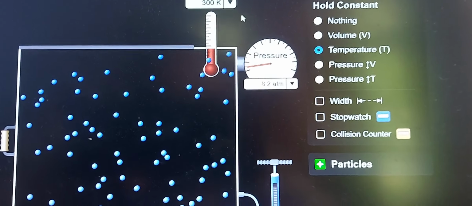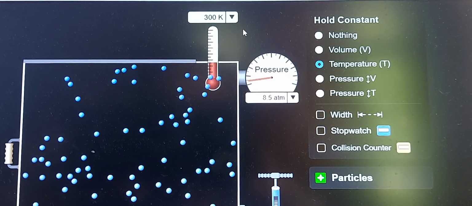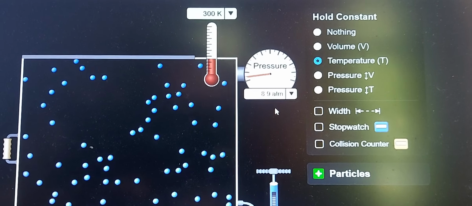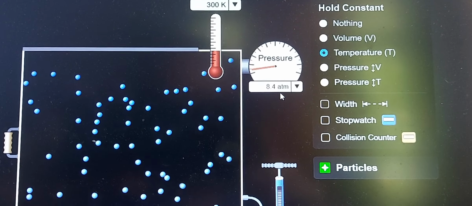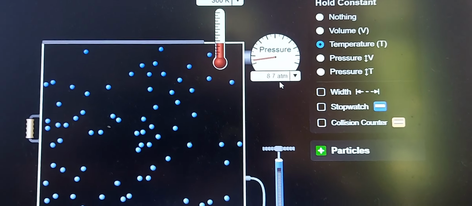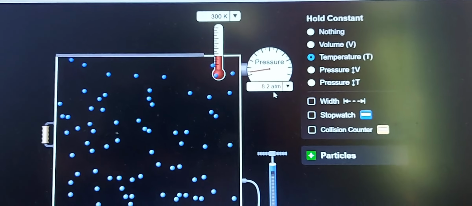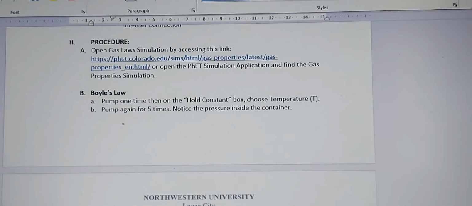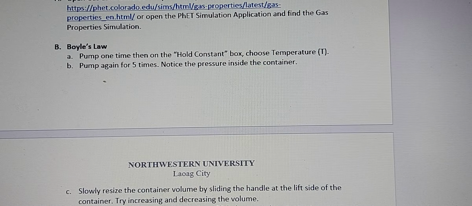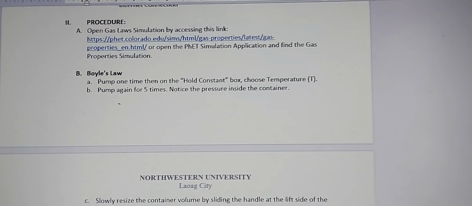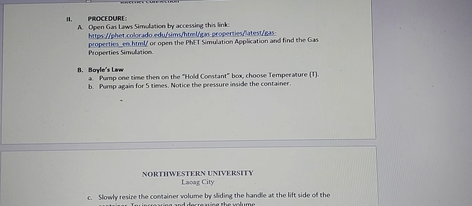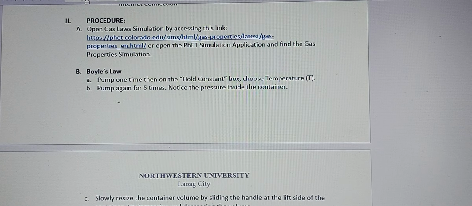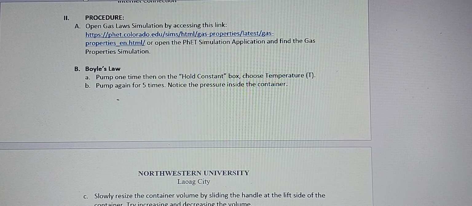So, at 300 Kelvin, constant temperature, our pressure is 8.9 atmosphere. Now, we are testing Boyle's law as the workbook is telling you. It says here in our workbook, Boyle's law, letter B: pump one time, then hold constant, choose temperature, and then pump again 5 times.